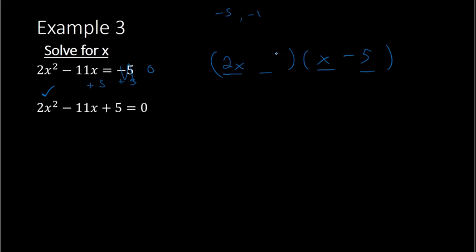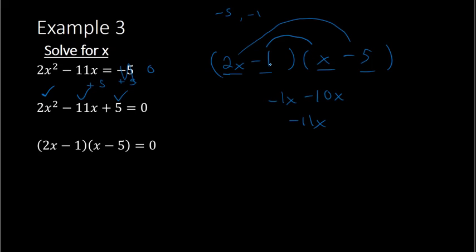So if I put the negative 5 over here and the negative 1 with the 2x, when I multiply, I get a positive 5 back out. And when I multiply, I'm going to get negative 1x and negative 10x, which would be negative 11x. And that would get my middle term. So when I factor, I can factor it as 2x minus 1 times x minus 5 equals 0.